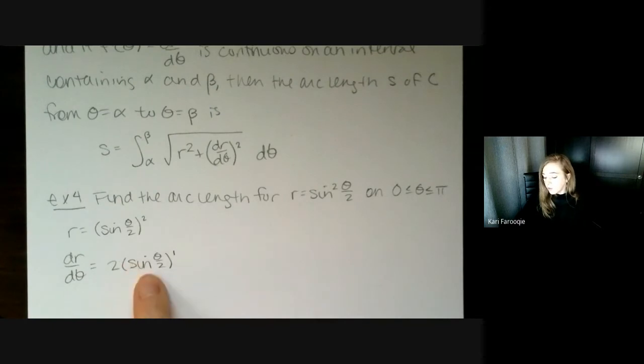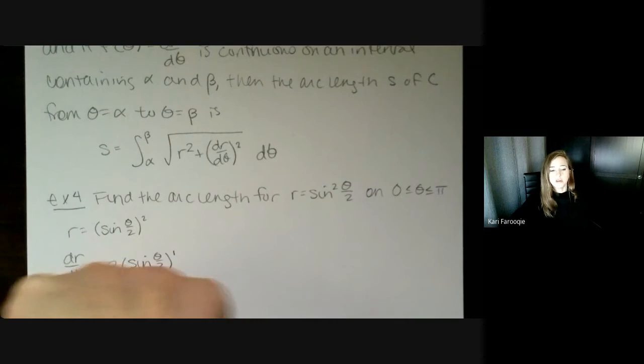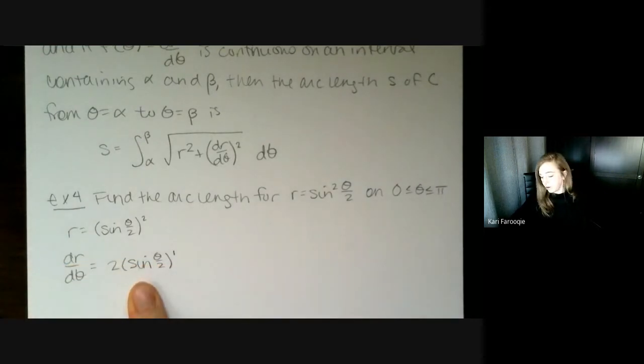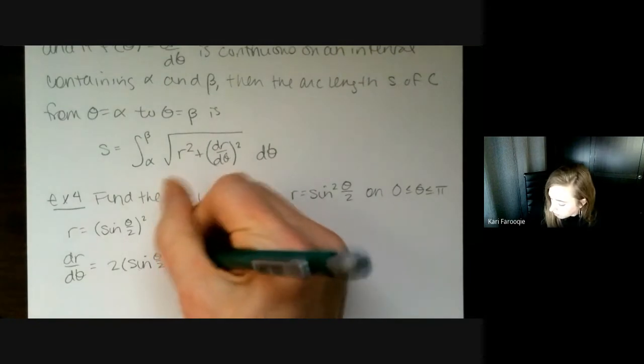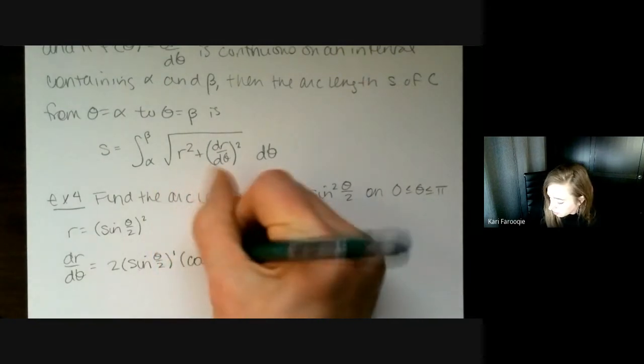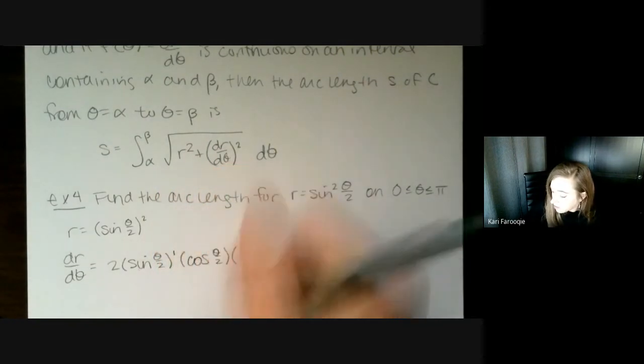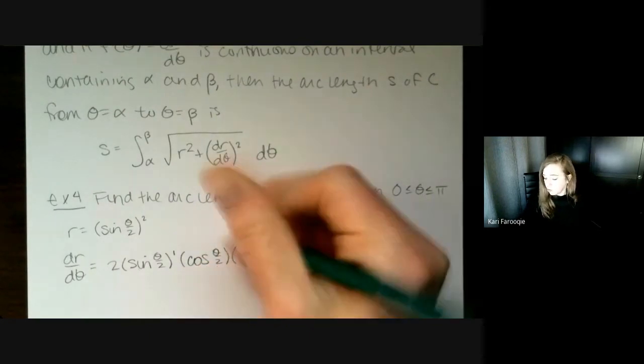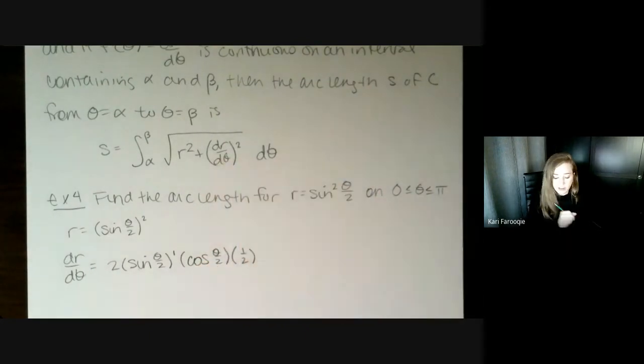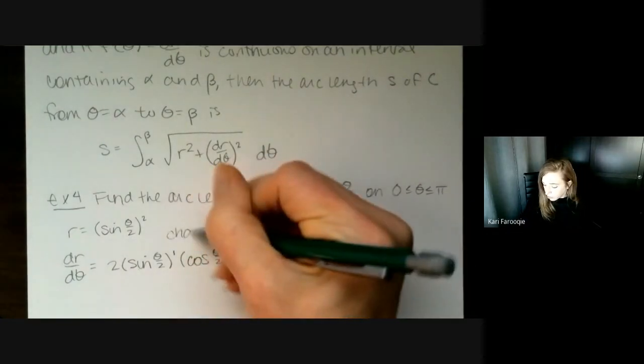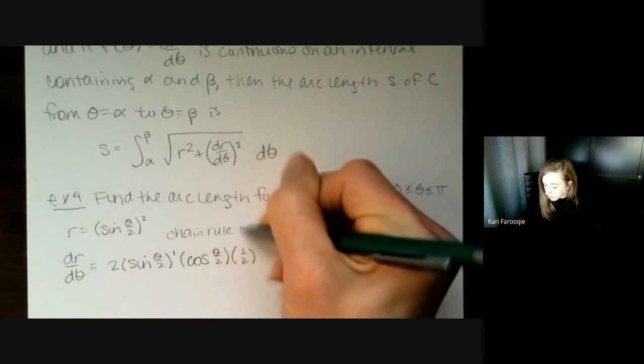Remember that the derivative of sine u is cosine u du dx, or in our case, it's going to be du d theta. So we're going to be looking here at cosine theta over 2, and then the derivative of theta over 2 is a half. So here we just use the chain rule twice.